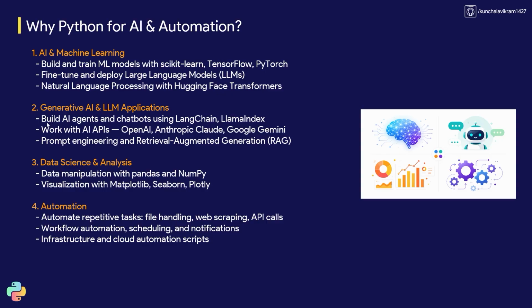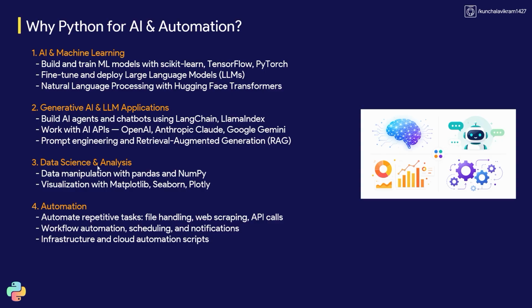In generative AI and LLM-based applications, Python lets you build AI agents and chatbots using LangChain or LlamaIndex. You can work directly with AI APIs from OpenAI, Anthropic, or Google Gemini. And concepts like prompt engineering and retrieval augmented generation can all be implemented basically in Python. Of course, you can also do this in Golang as well, but Python is more dominant in this space.